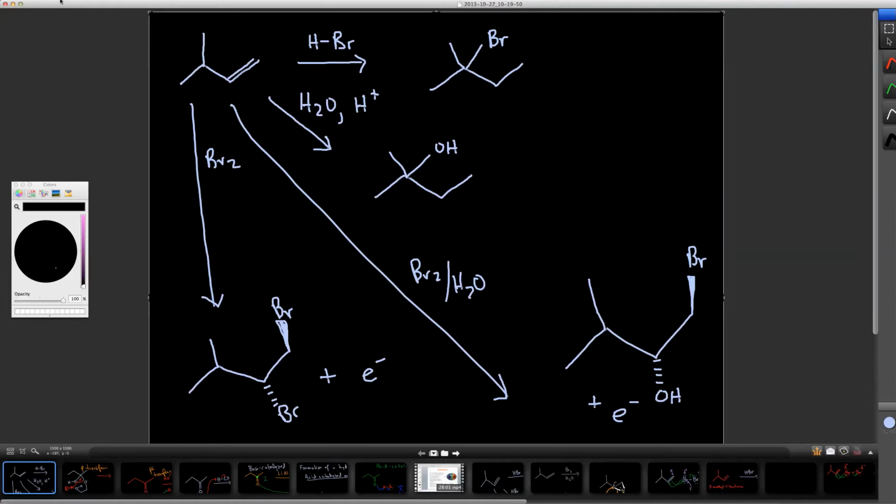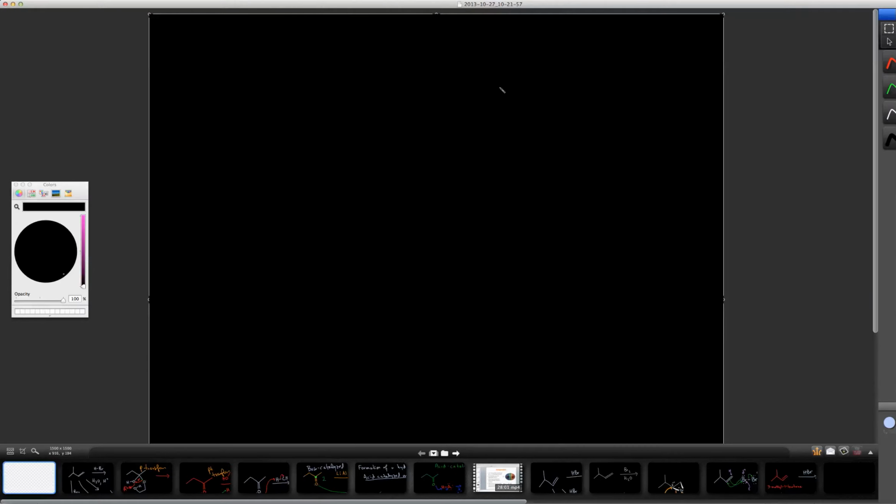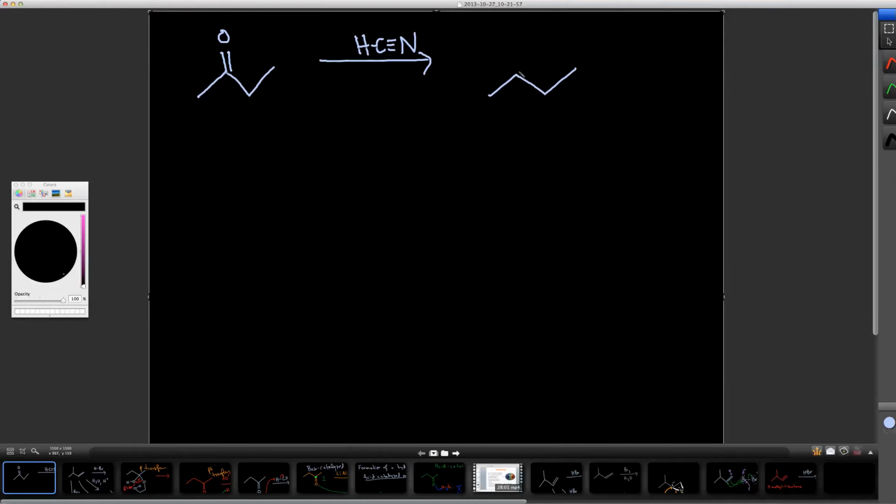Also, in this particular podcast, we looked at another 4 reaction mechanisms, all of which are nucleophilic acyl addition. We added the elements of hydrogen and cyanide across a double bond to get a cyanohydrin.